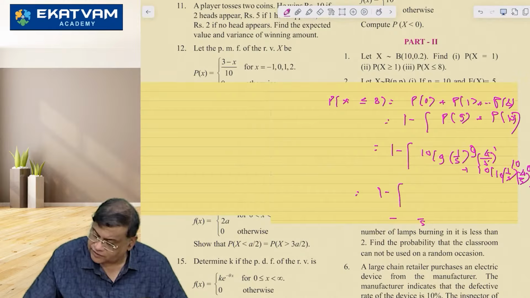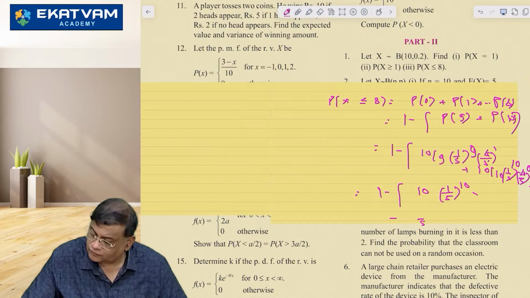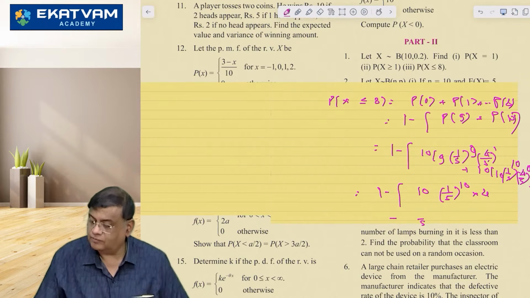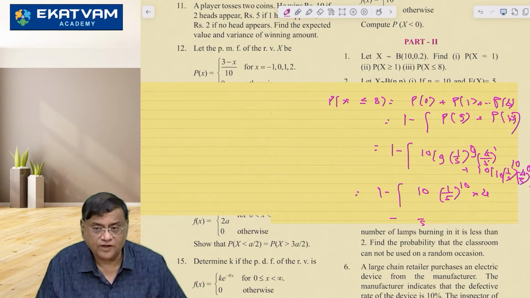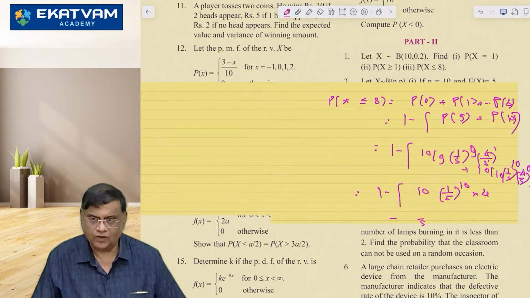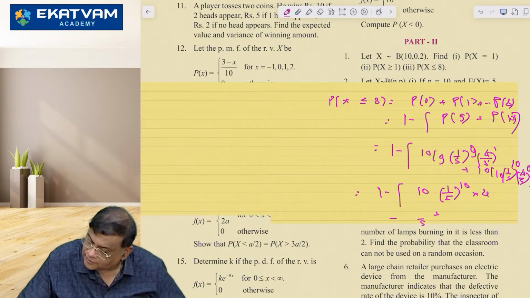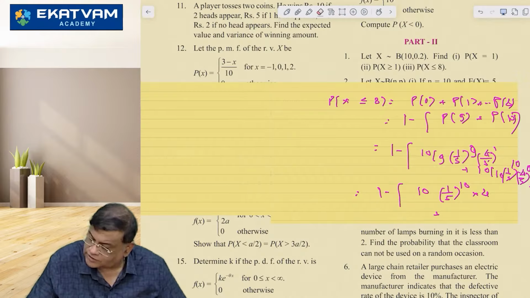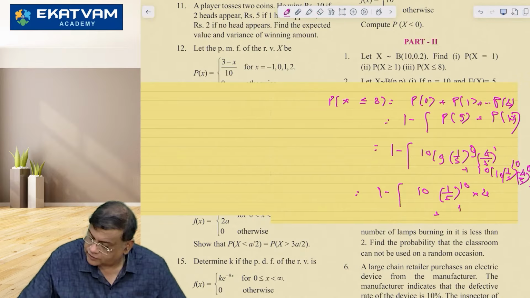Now 10c9 is 10 into 1/5 raised to 10 into 4. समझा ना यारे. 5 raised to 9 into 5 raised to 1 5 raised to 10 होता है कि नहीं. तो वो मैंने लिखा. प्लस 10c10 is 1, and 1/5 raised to 10.